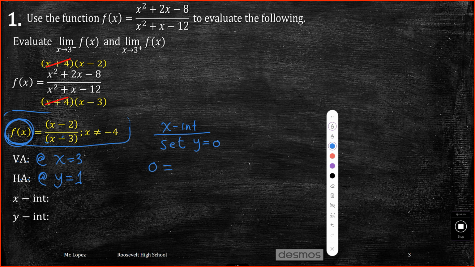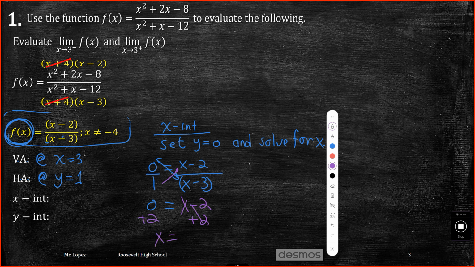So 0 is equal to x minus 2 over x minus 3, and solve for x. So we can cross multiply here. 0 times this is going to be 0, and then 1 times this is going to be x minus 2. Solve for x, you're going to get x is equal to 2.